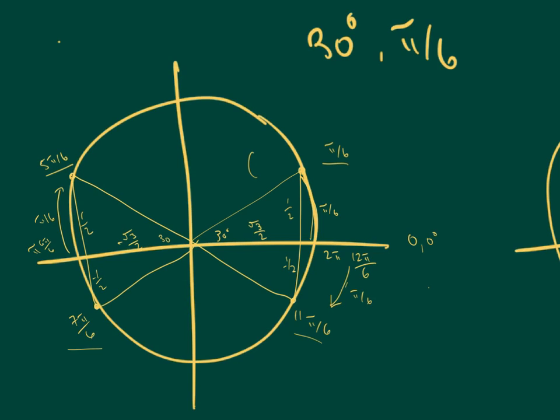So this coordinate will be √3/2, 1/2. This one is -√3/2, 1/2. This one is -√3/2, -1/2. And then here we have √3/2, -1/2.